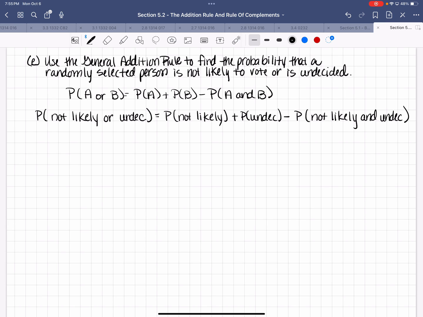So I go back to my chart that I wrote way up there because we're still on example 1. We have to do the probability of not likely. So what all do I add together for not likely?